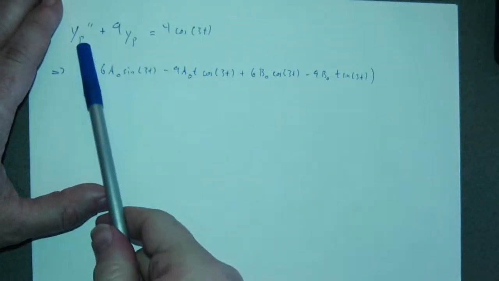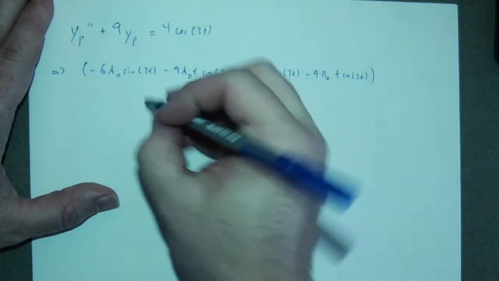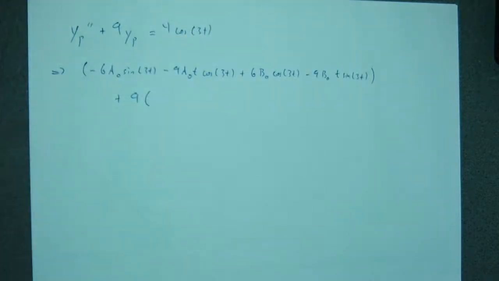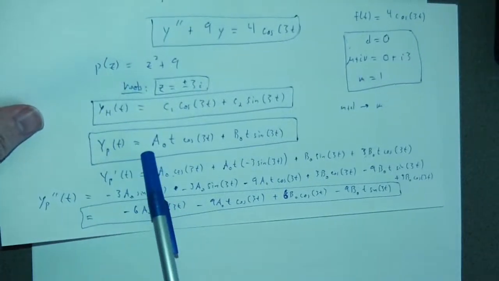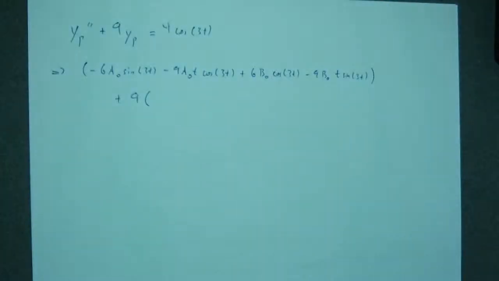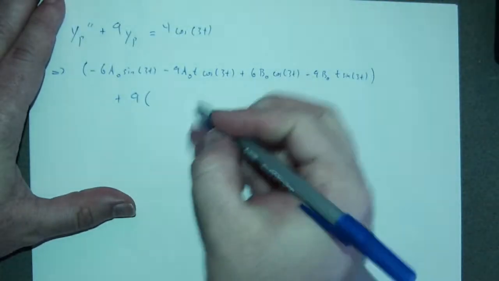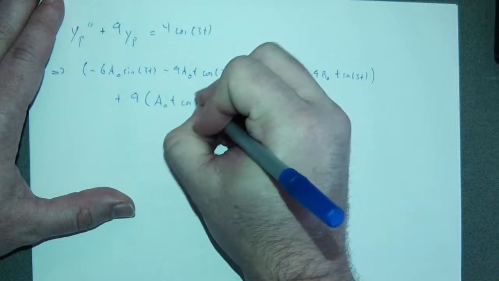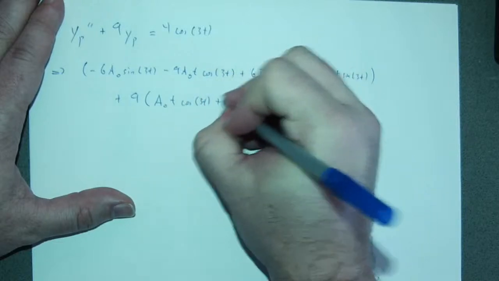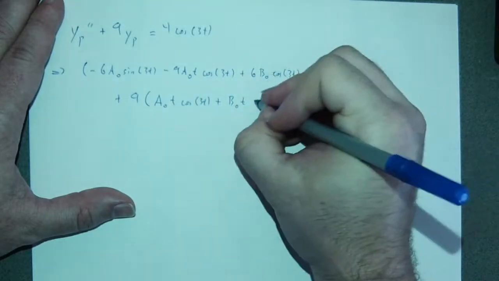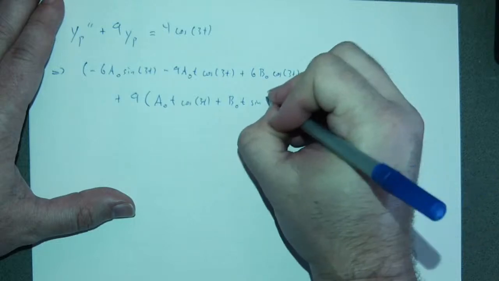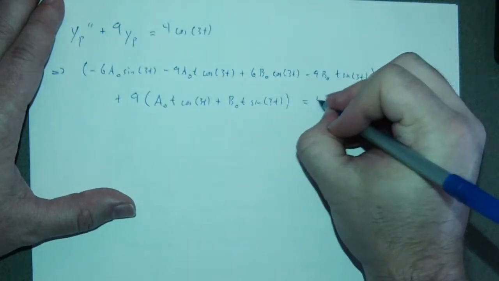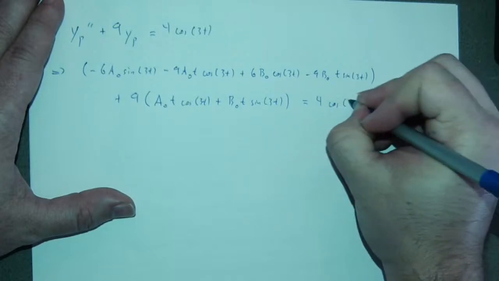So all that is y sub p double prime plus 9 times y sub p. Remind yourself, there's what y sub p is. So this is plus 9 times a naught t cosine of 3t plus b naught t sine of 3t. And that has to be equal to 4 cosine of 3t.